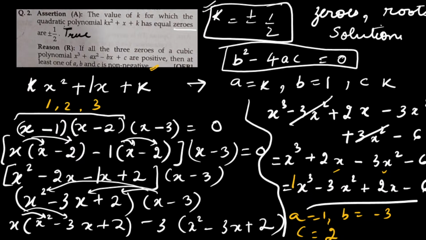So this is also true, you can see. With the example I have shown you, if all zeros are positive, then at least one of A, B, C will also be positive. At least means minimum one will be positive, more can also be possible. Here we have seen A is positive and C is positive.